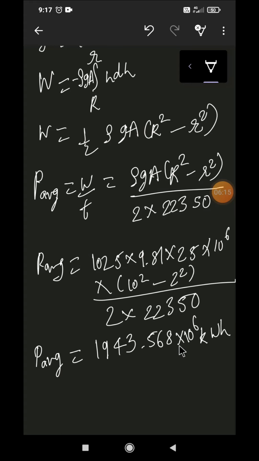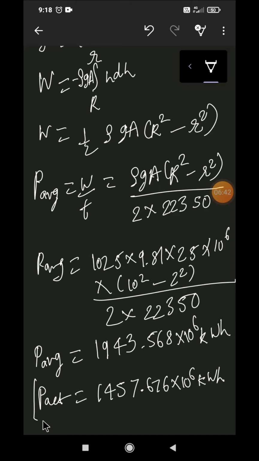So considering the turbine generator efficiency of 75%, P actual will be into 0.75, so will be 1457.676 into 10 raised to 6 kilowatt hour. So this is the power which is required for filling process.